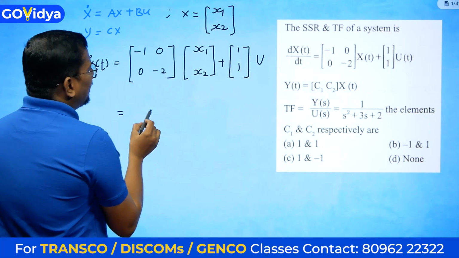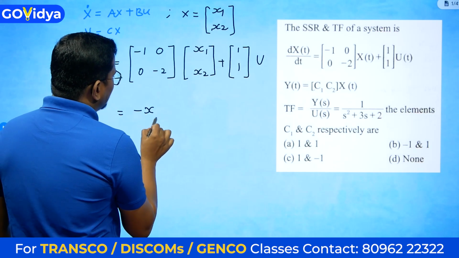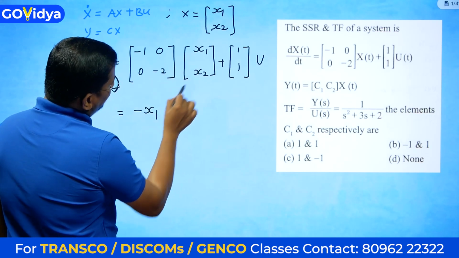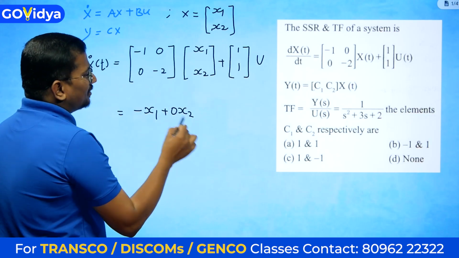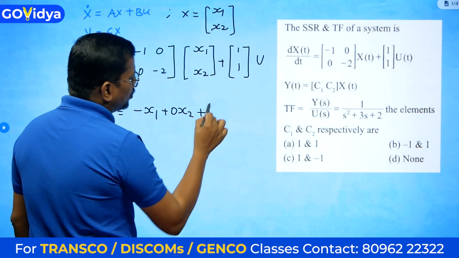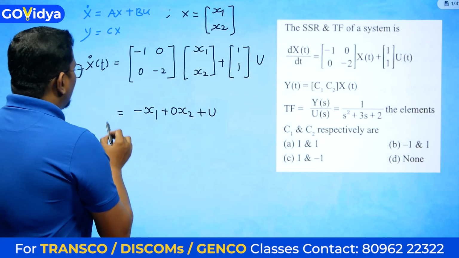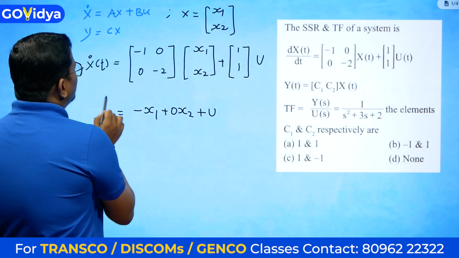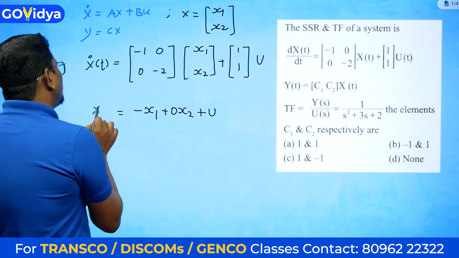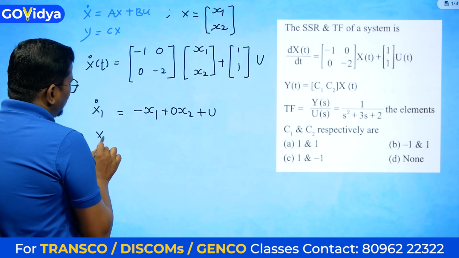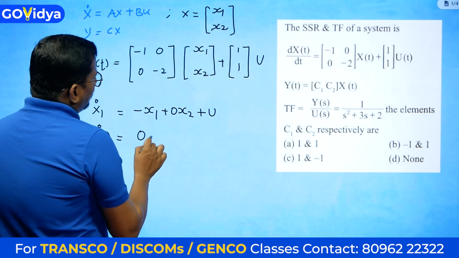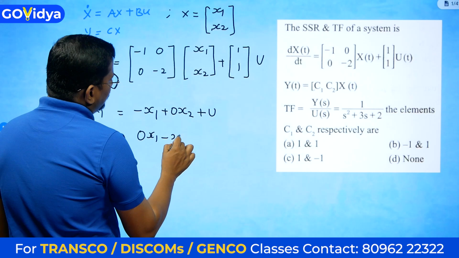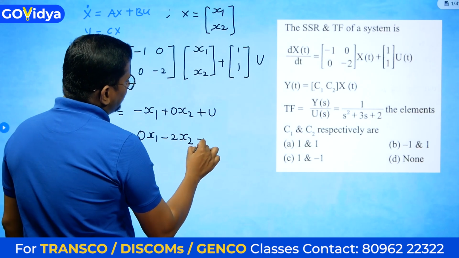So now can we write like this, minus x1 plus 0 x2, I am just doing basic multiplication, plus u. And similarly this is x1 dot. Similarly x2 dot is equal to what? 0 x1 minus 2 x2 plus u.